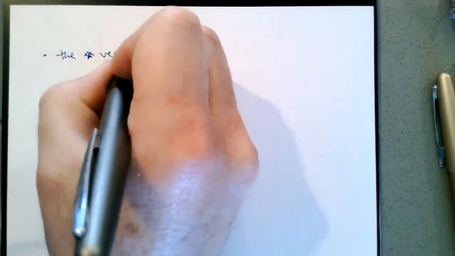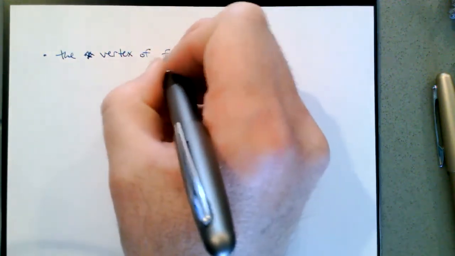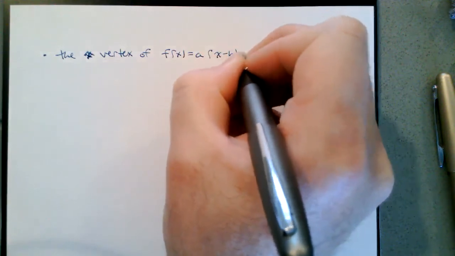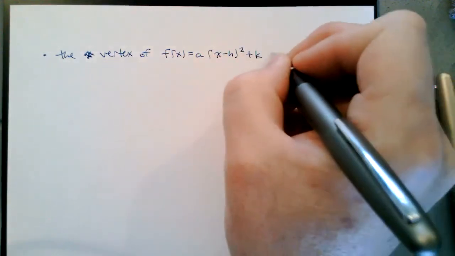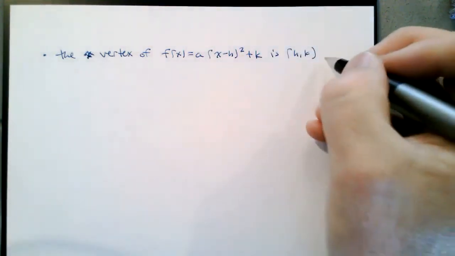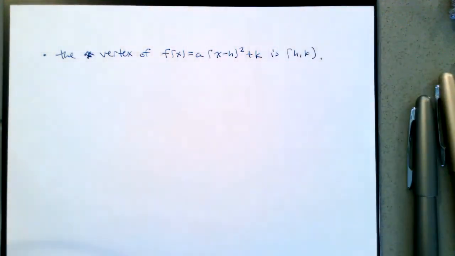The vertex of f of x equals a times x minus h squared plus k is (h, k). That's why this is the vertex form, because it tells us what the vertex is.